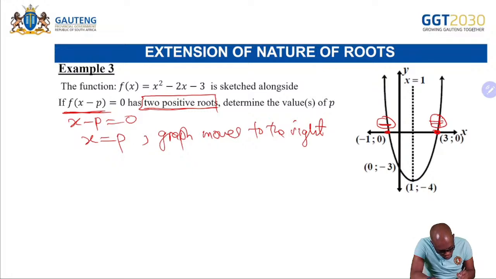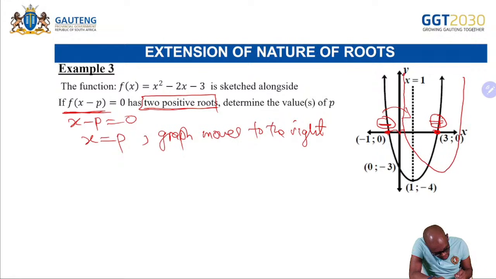So what should you do? You should move this root here that side. So how can you move? You can move to 0, and you can move to a value greater than 0 there. So it means the graph should be here.